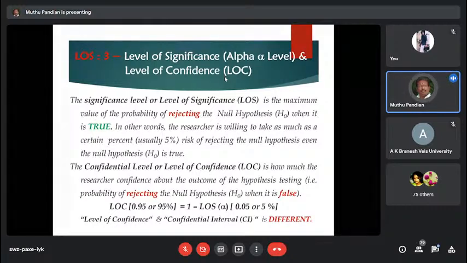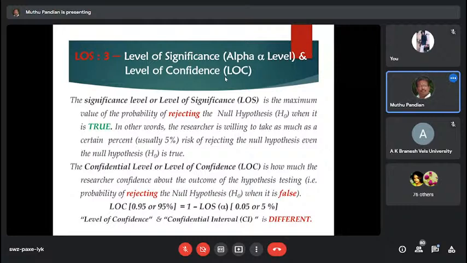One is the level of significance, that is the error rate. Another one is the level of confidence. In our case, the error rate is 5%, so the level of significance is 5%. How confident are you about your result? 95%, so your level of confidence is 95%.